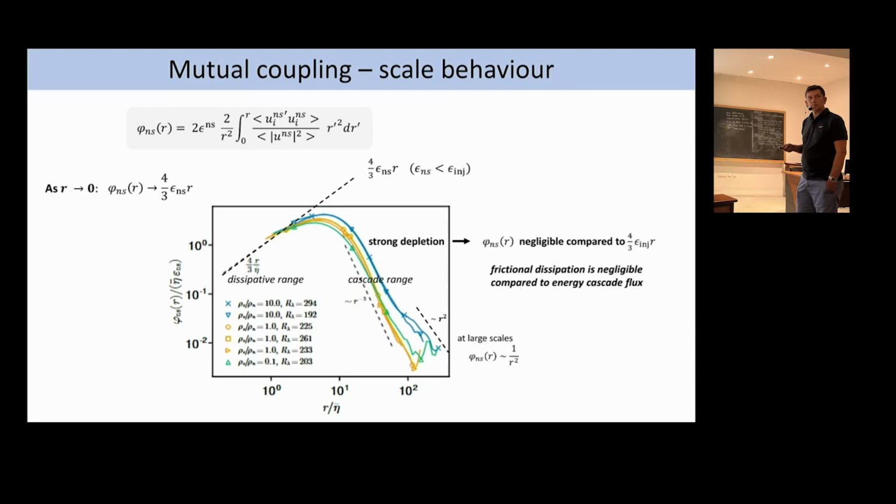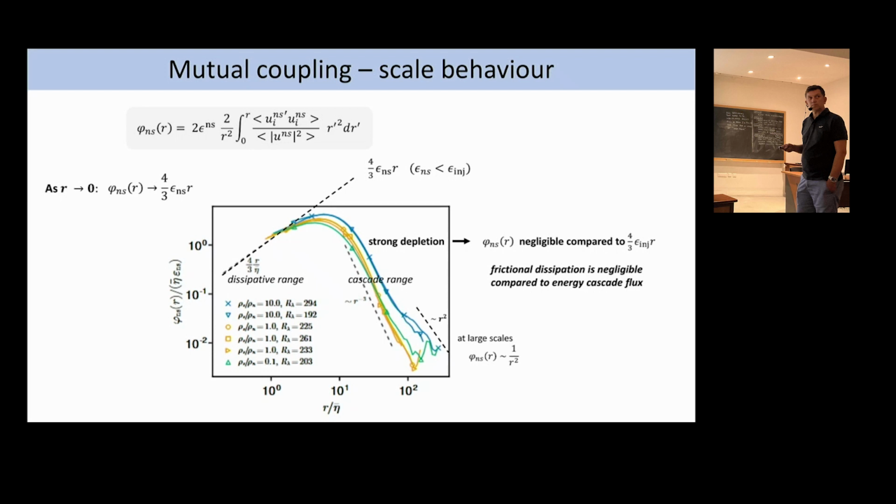And from numerical simulations, you can plot this term as a function of the scale. And what you see is that in the limit of vanishing scale, this term scales like the spatial increment r, which is recovered by the simulations.